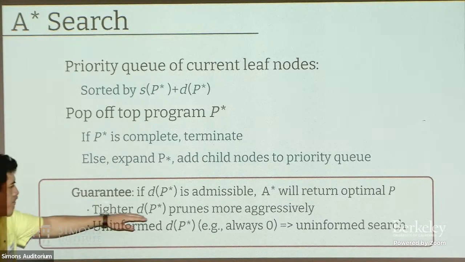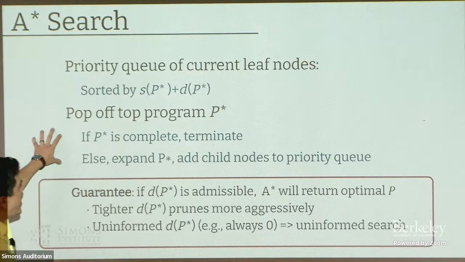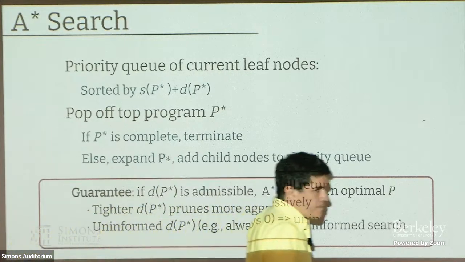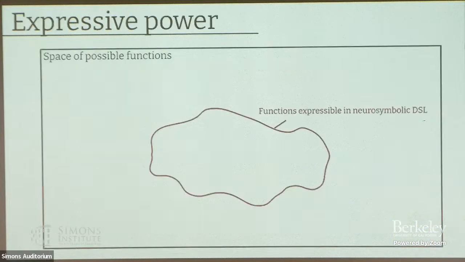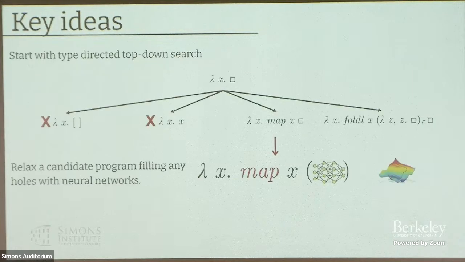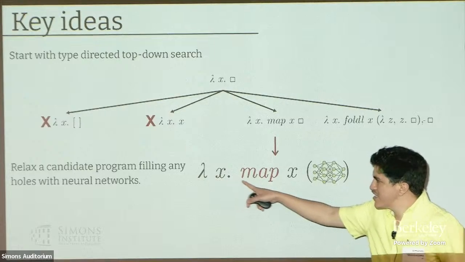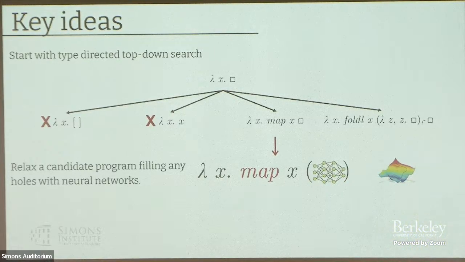And the tighter this approximation is, the more aggressively this is going to prune the space, and the better it is going to be at helping you find the program. The other big advantage of this algorithm is that you can stop it at any time. And essentially what you're going to get is this hybrid of a program that has some program-like structure, but also has neural networks in the middle.